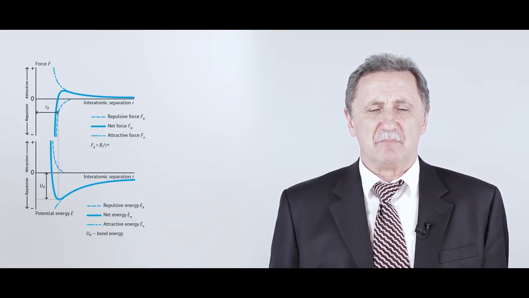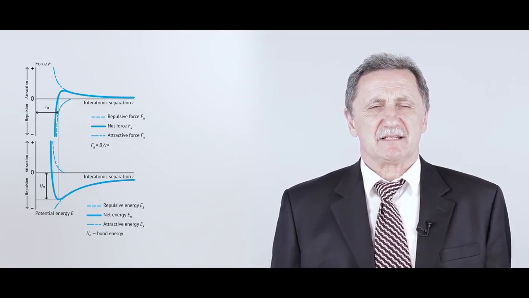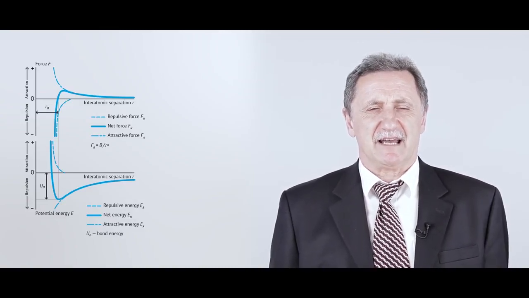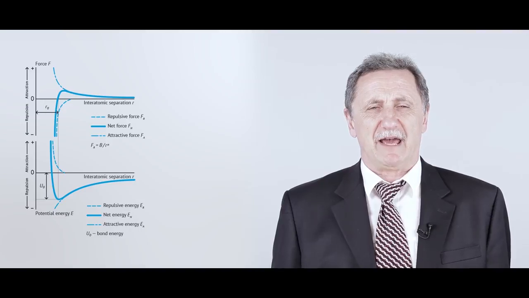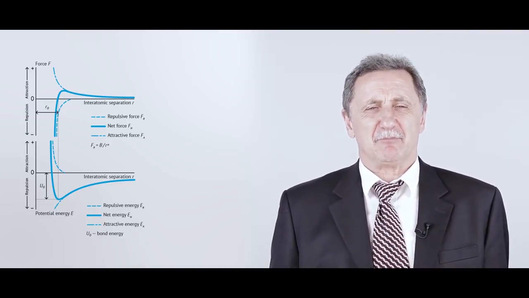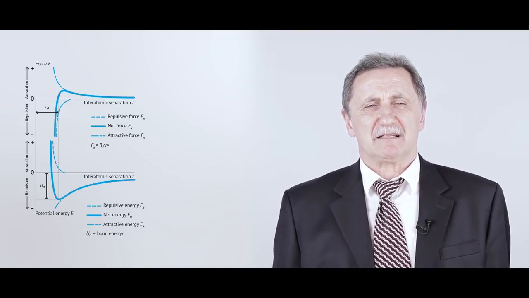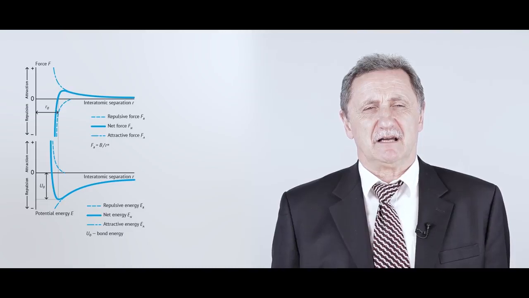What does this diagram mean? On this screen, you can see the force-distance and energy-distance diagram for two atoms. Let's consider ionic bonding between two atoms. Each atom has its own electron structure.